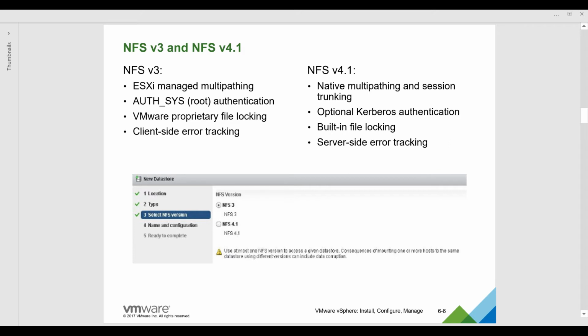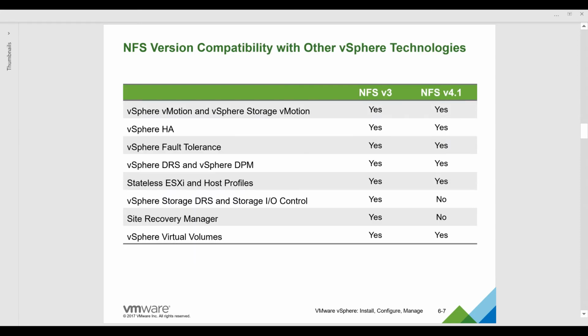You don't have to do that with 4.1, we use optional Kerberos. NFS 4.1 has built-in file locking, and it has server-side error tracking. Both version 3 and version 4.1 are compatible with all these vSphere technologies.